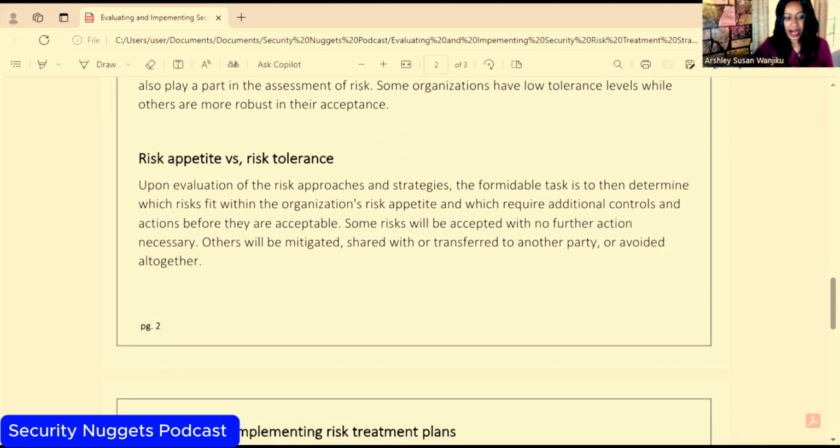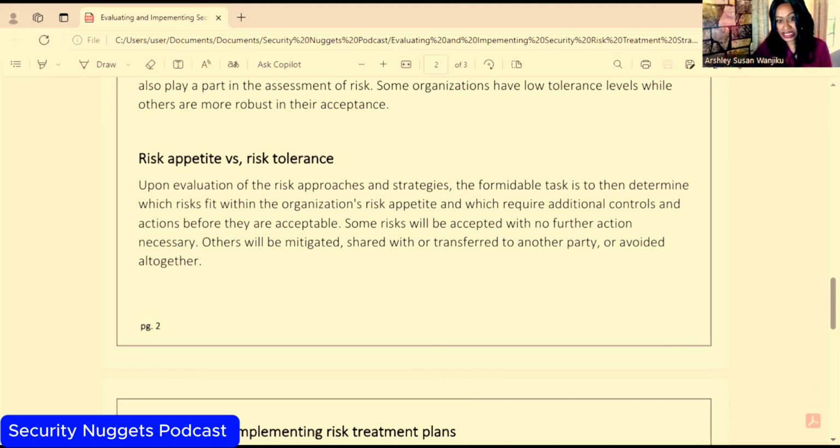Let's also expound on risk appetite versus risk tolerance, okay? Upon evaluation of the risk approaches and strategies, the formidable task is to then determine which risks fit within the organization's risk appetite and which require additional controls and action before they are accepted. Some risks will be accepted with no further action necessary.